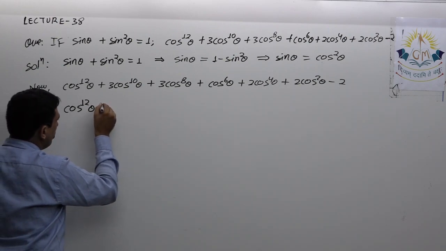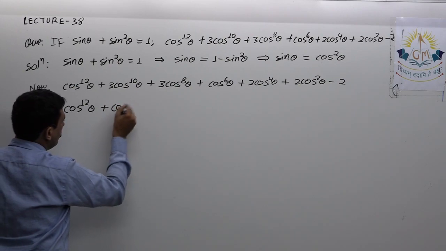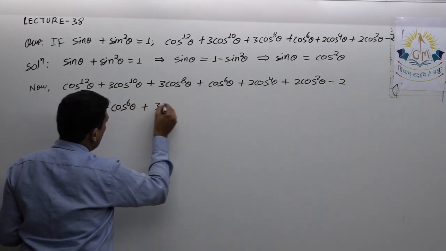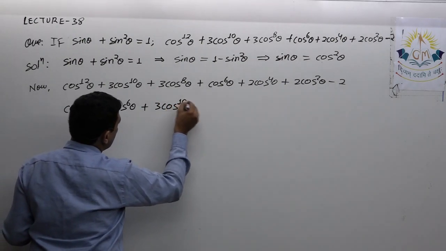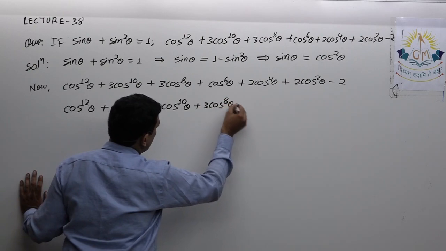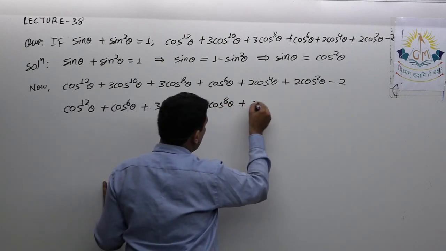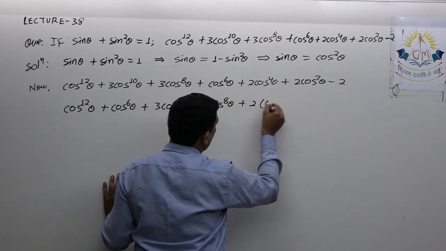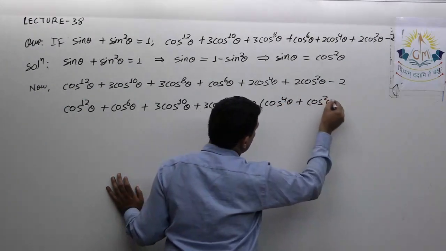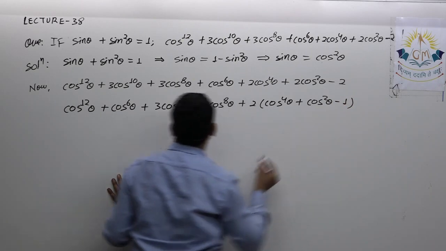cos^12 θ plus cos^6 θ plus 3 cos^10 θ plus 3 cos^8 θ, plus from these two I am taking 2 common, so 2 times (cos^4 θ plus cos² θ minus 1).